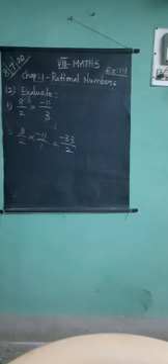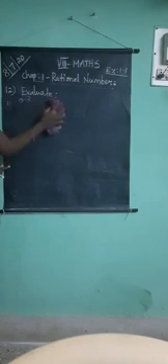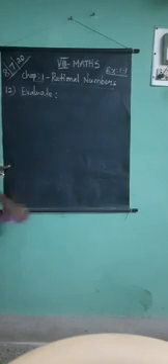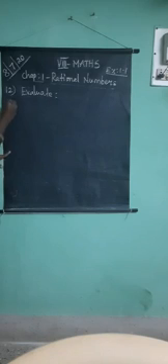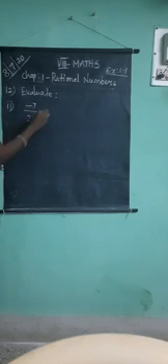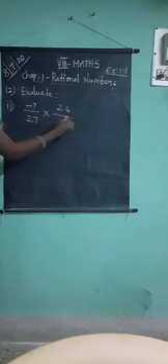Are you clear? First one done. Second one: minus 7 by 27 into 24 by minus 35.